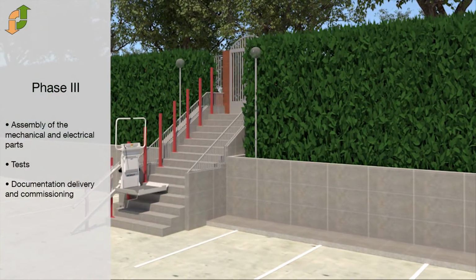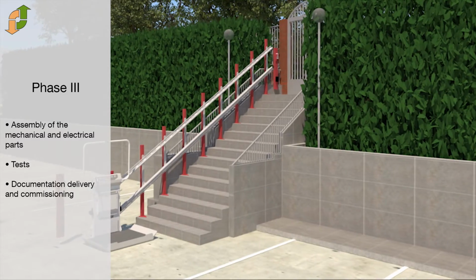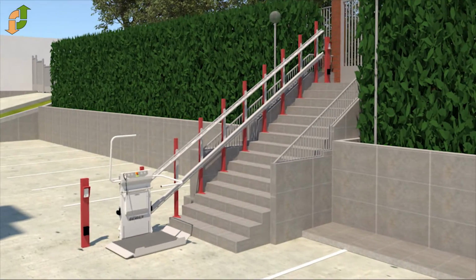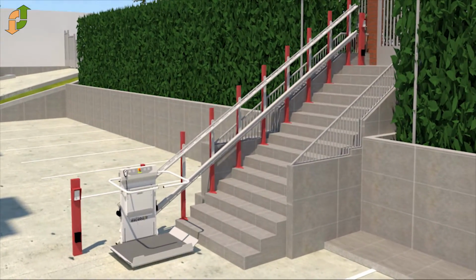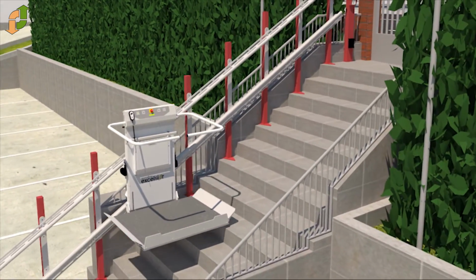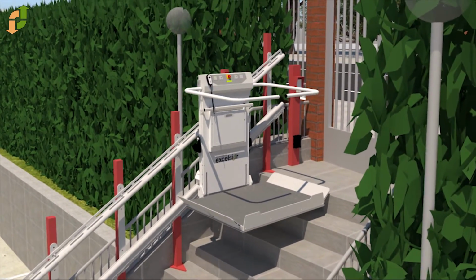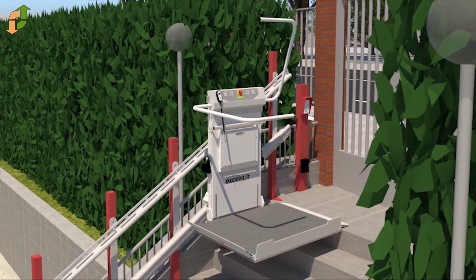Phase 3. In the last phase, the mechanical and electrical assembly is done. Then the tests are done and the installation is cleaned to be commissioned and to be delivered to the client.